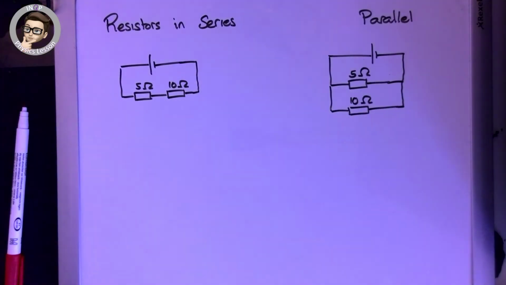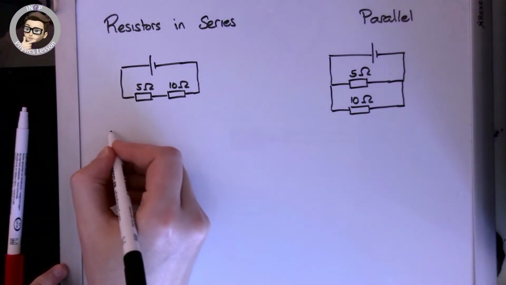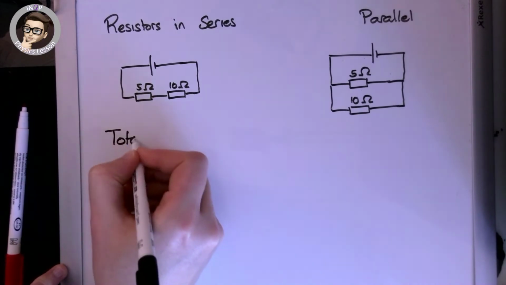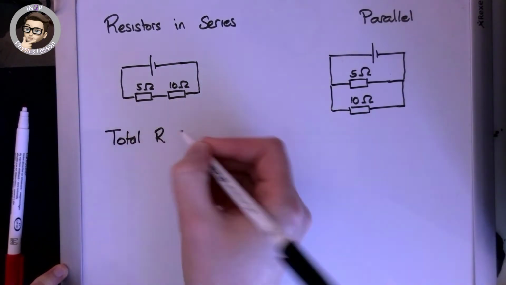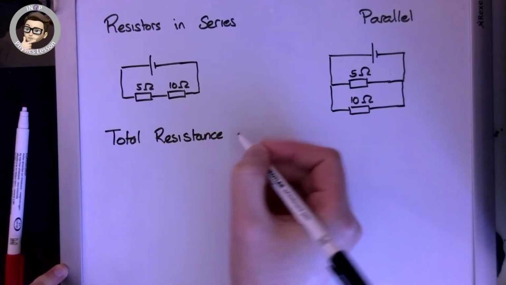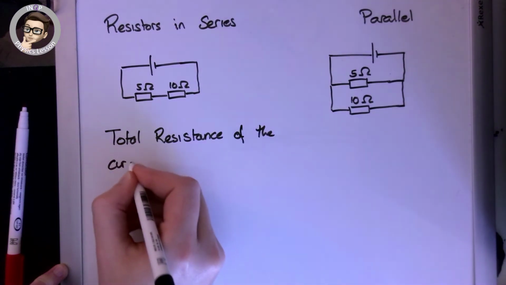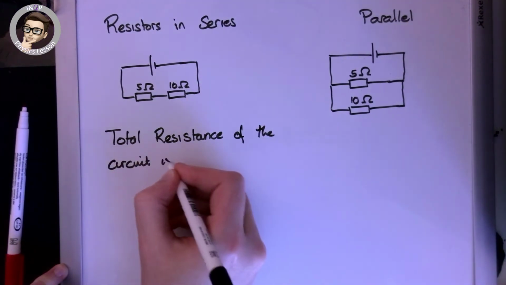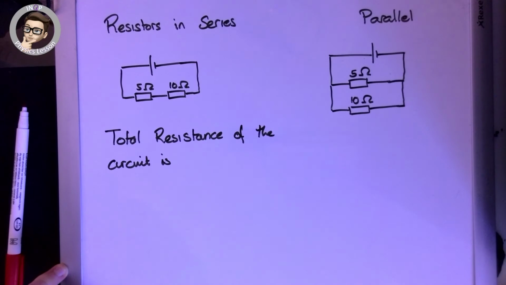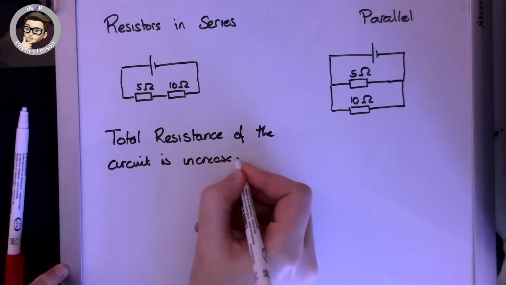So, resistors in series. When we put them in series, what we're actually doing is we're causing the total resistance to increase. So the total resistance of this circuit is increased. Compared to what is an interesting question, but it's increased.